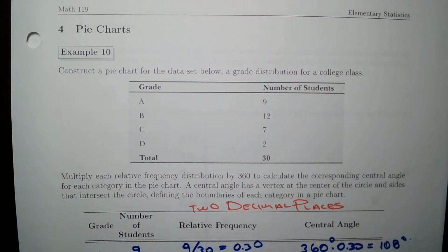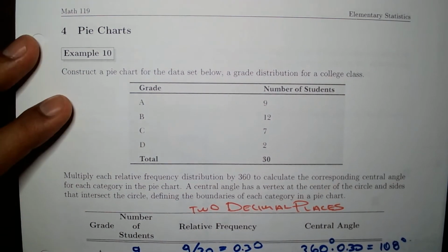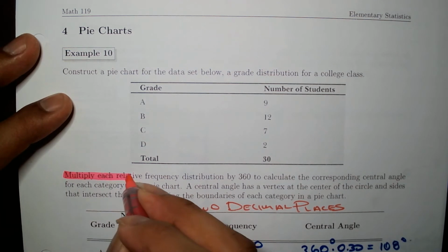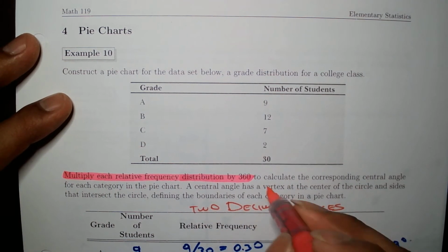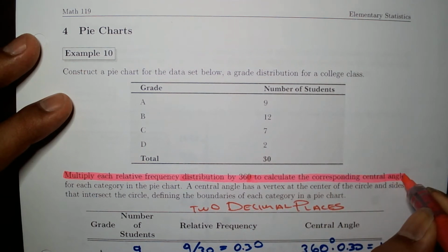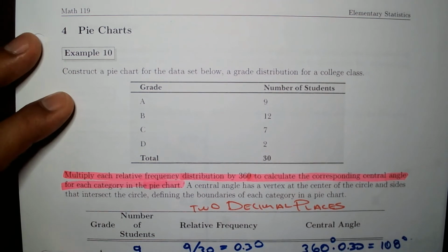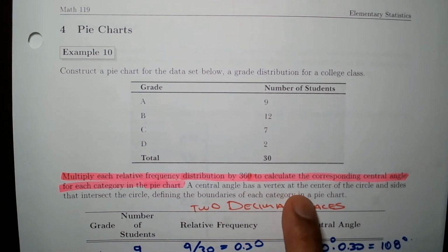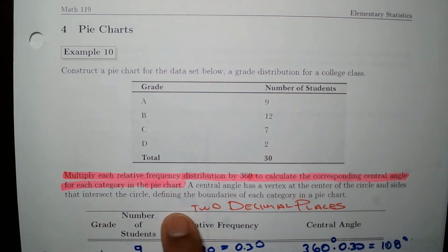Now, how do we construct a pie chart? In this case, we need to find the relative frequencies. Multiply each relative frequency by 360 to calculate the corresponding central angle for each category in the pie chart. A central angle has a vertex at the center of the circle and sides that intersect the circle.